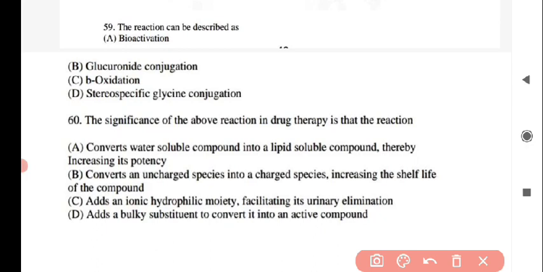The next question is, the significance of the above reaction in drug therapy is that the reaction, and the correct answer is option C, adds an ionic hydrophilic moiety facilitating its urinary elimination.